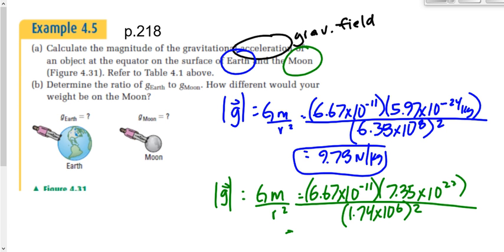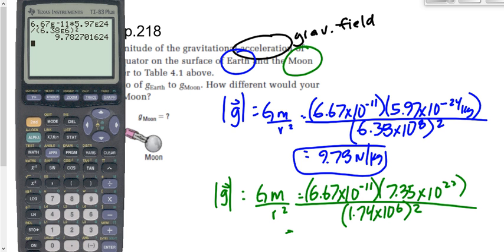Now, the mass is smaller, which you would think would make g smaller. But then the r is smaller as well, which would actually make g bigger, right? So maybe we find that r ends up being a bigger factor. I think when we do this, we get about 1.6.